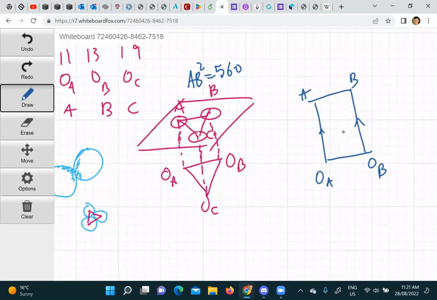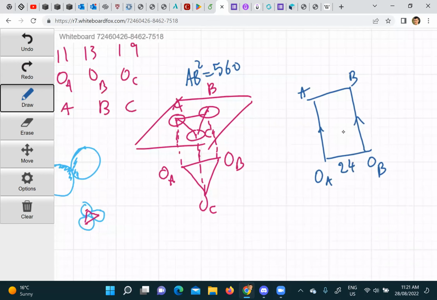Okay, so now we want AB to be 560. Wait, let me think about this for a moment. Oh, so root 560 is the height of the trapezium.